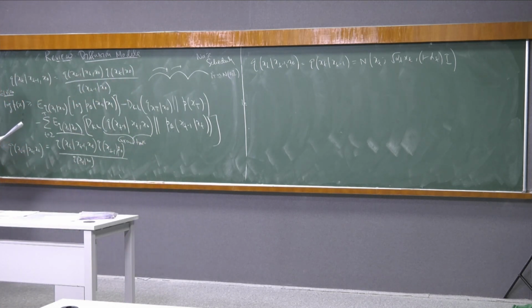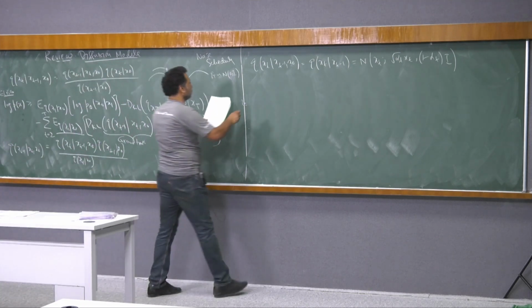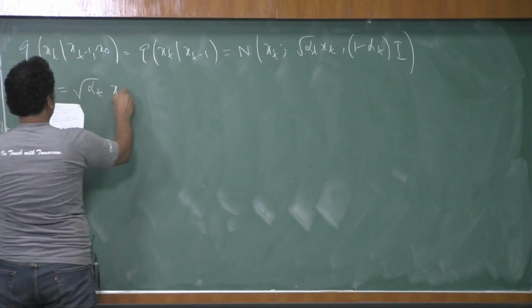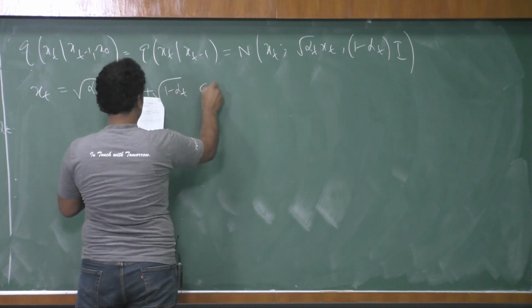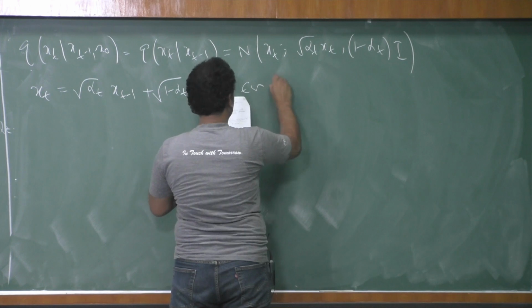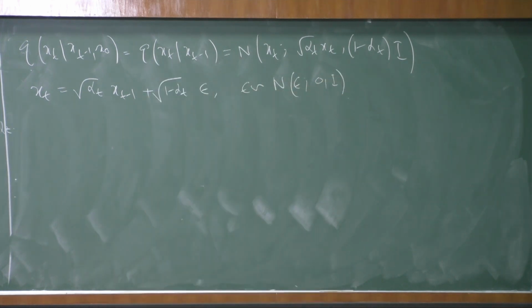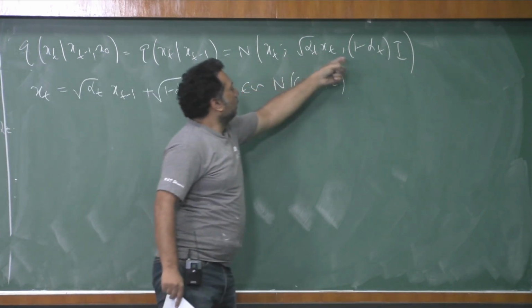So with this, we said that we can use the reparameterization trick to say how x_t is obtained as a next step. What we are asking for is that my q(x_t | x_{t-1}) is a normal distribution with mean and variance like this.